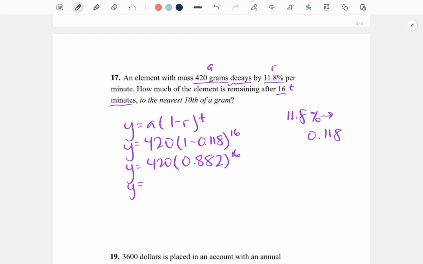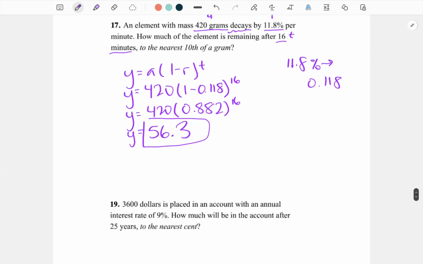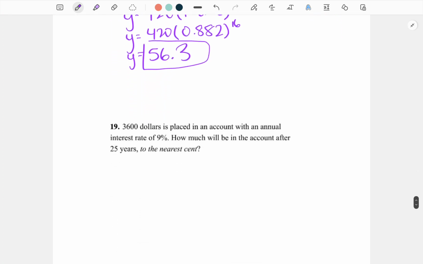I'm going to just hit equals, and then I'm going to multiply that by 420. And since I'm rounding this to the nearest tenth, this is going to be 56.3. Okay, that is my answer. I'm going to go on to 19, there's no 18.